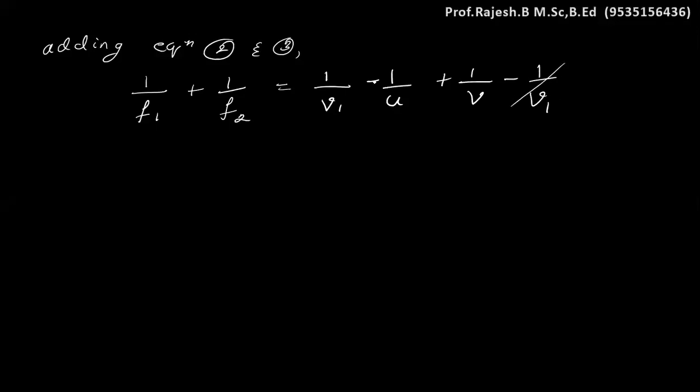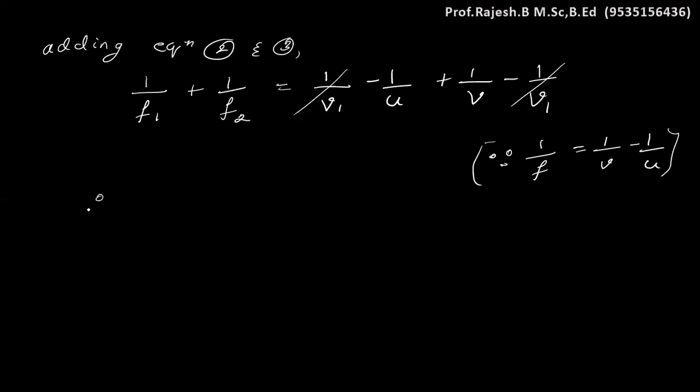So we can cancel out minus 1 by v1 and plus 1 by v1. So here we are getting 1 by v minus 1 by u, and as we know, the thin lens formula is 1 by f is equal to 1 by v minus 1 by u, right?